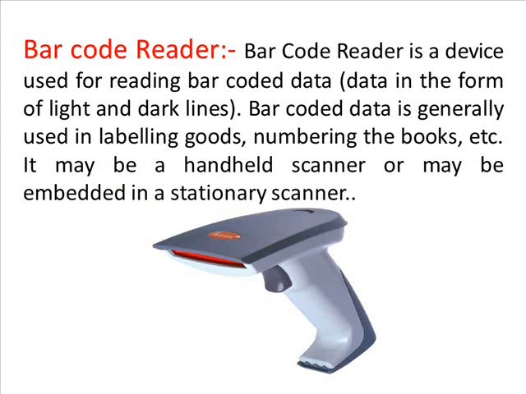Now the next input device is the barcode reader. A barcode reader is a device used for reading coded data in the form of light and dark lines. Barcoded data is generally used in labeling goods and numbering books. It may be a hand-held scanner or may be embedded in a stationary scanner.